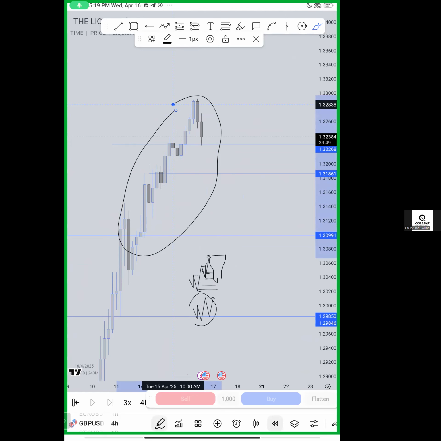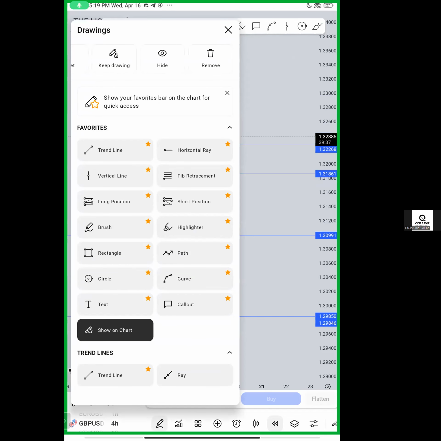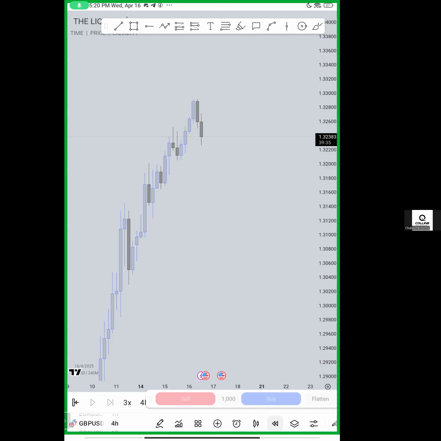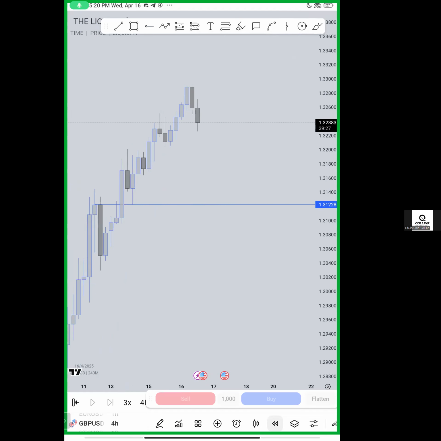So what do you do whenever you are in this position? You highlight those POIs. You follow the order flow. Let us follow order flow here. Okay, following the order flow, we can see price reacted from this order block. Okay, it didn't tap on the order block. Let's just continue here.